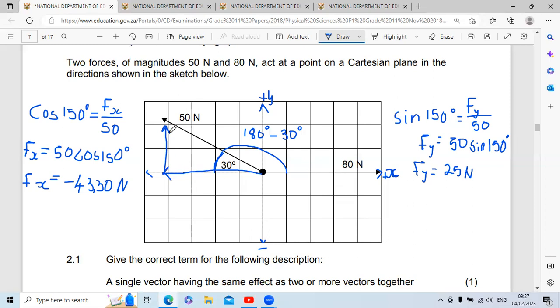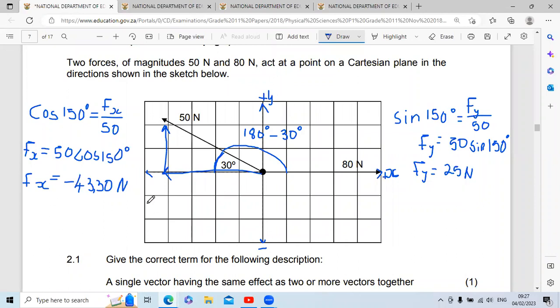If you're not confident with your directions, you can use this angle. It's much better if you don't know the sign of the vector that you're going to get. I hope you understand that part. Yes, sir. Okay.